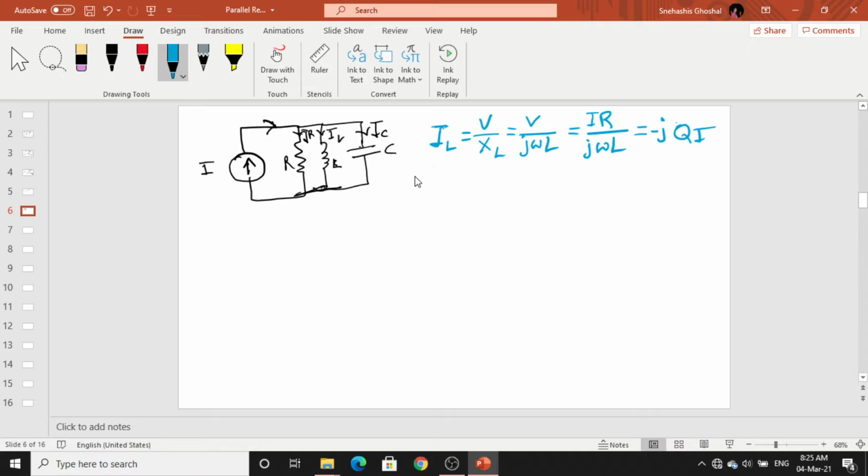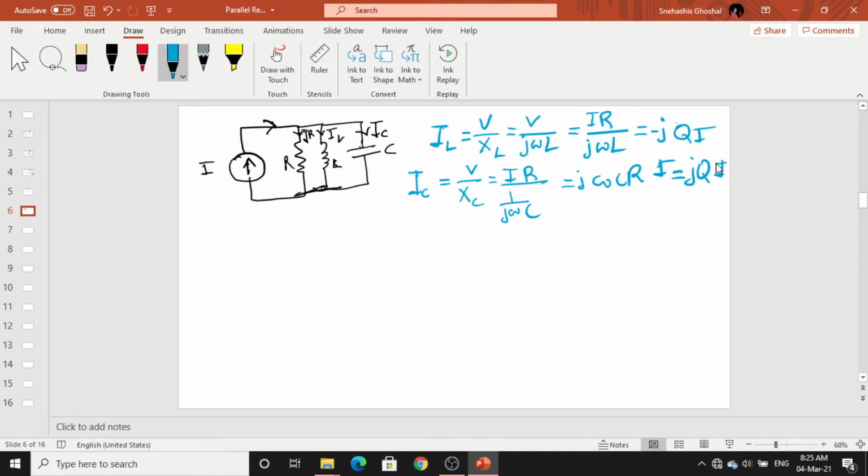Okay. On a similar note, we can say that IC is V by XC, which is IR by 1 by j omega C, or in other words j omega CR into I, or j into Qi.